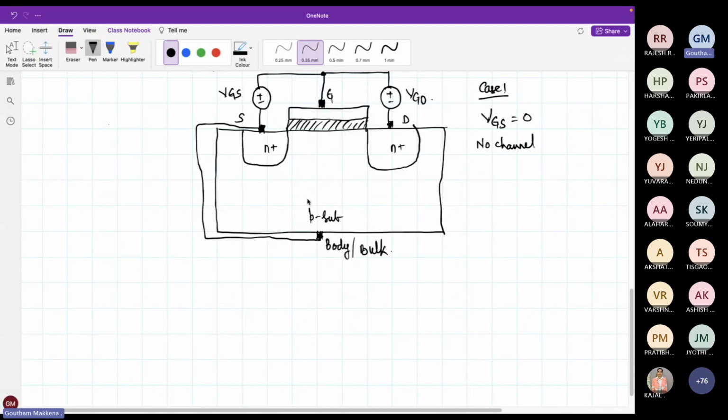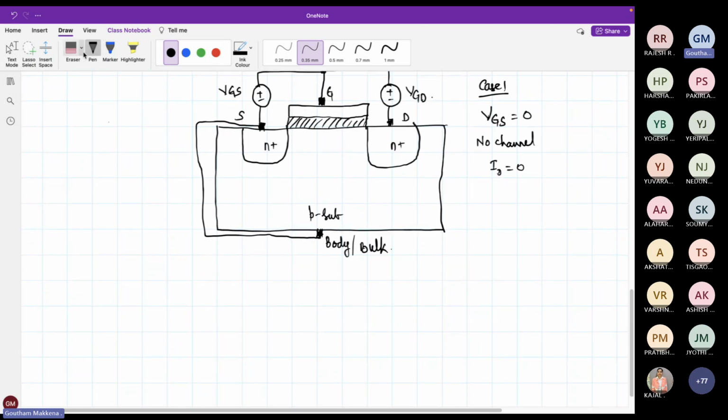When there is no channel, do we have any current flow? Is there any proper path for the electrons present in the drain and source to cross over? There is nothing. So what is your comment about the drain current? ID will also be equal to 0. Right, so let me go to case 2.